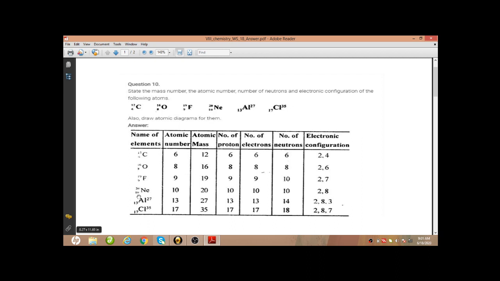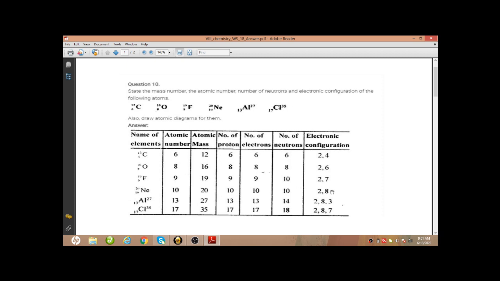Next for neon, it is 20, 10. So atomic number 10, atomic mass or mass number 20, number of protons 10, number of electrons 10, number of neutrons 10. Electronic configuration 2, 8. Here you can see neon has a stable electronic configuration, because in the first shell the maximum accommodation for electrons is 2, and in the second shell the maximum is 8.